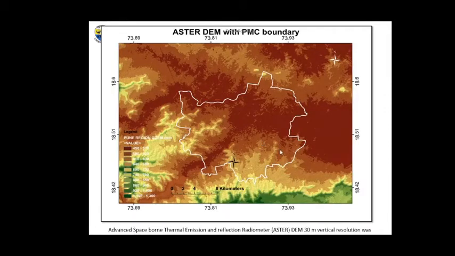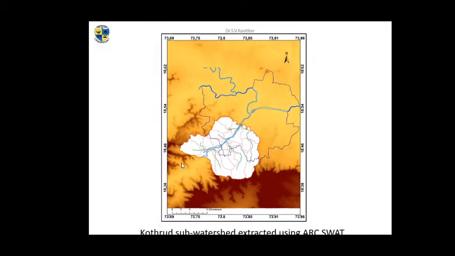Here is Astel dam data within the PMC boundary showing different elevations. This is a Kothrood area sub-watershed extracted using ArcGIS, ArcSWAT. So you have different subcatchments and you can narrow down to individual subcatchment and design accordingly.